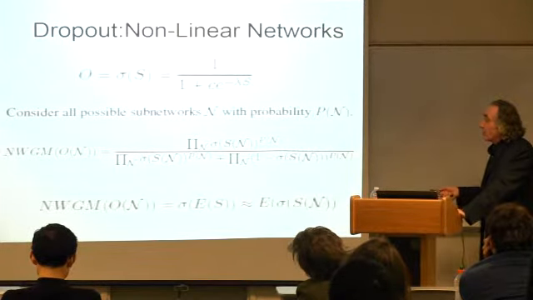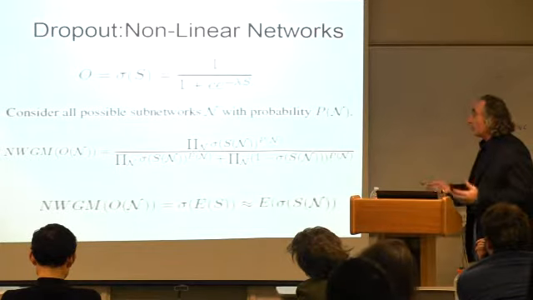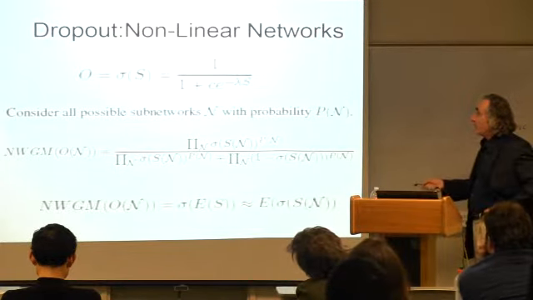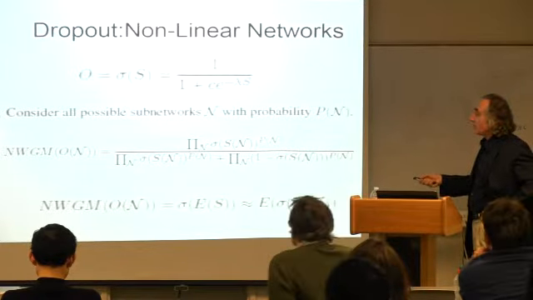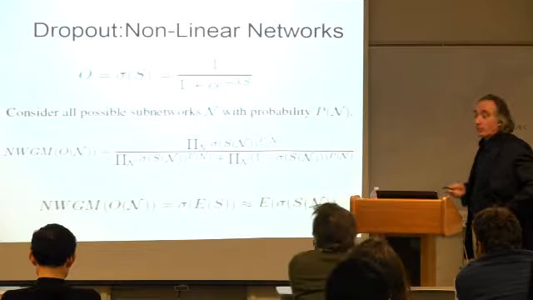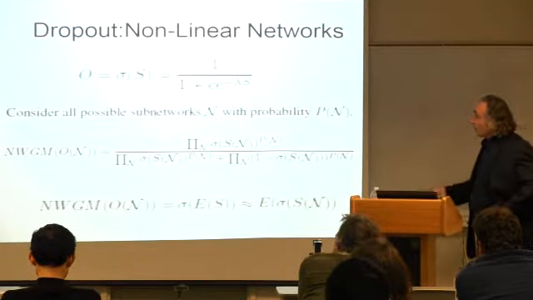Here are the different networks with some probability P, which can be produced by this Bernoulli selector variable, for instance, but it could be another distribution P. And this is the geometric average, the product of all the outputs weighted by the probability of the corresponding network, right? Now, this formula is a little bit more complicated.